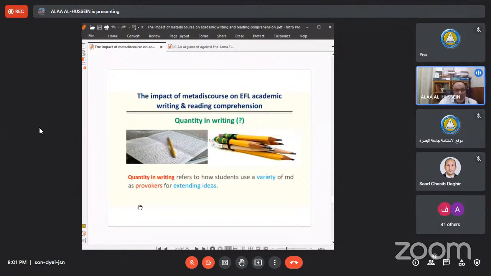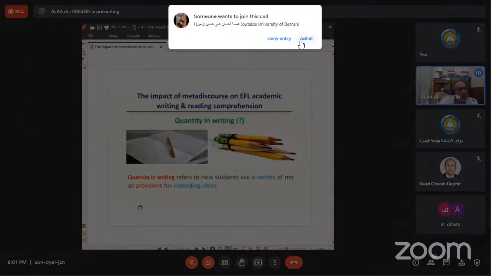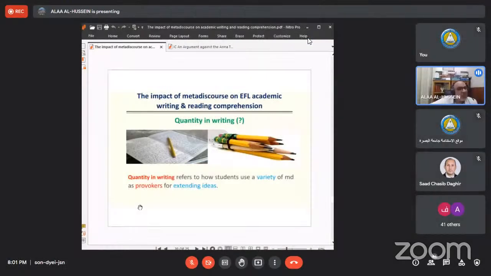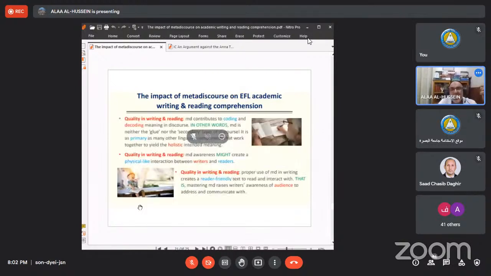Instead of stopping writing, for example, they write any of these meta-discourse markers to trigger their thoughts and write more and more. For example, they write in other words, for example, for instance. This helps my students trigger their thoughts and continue writing rather than stopping or getting stuck. So they are provokers for extending ideas.